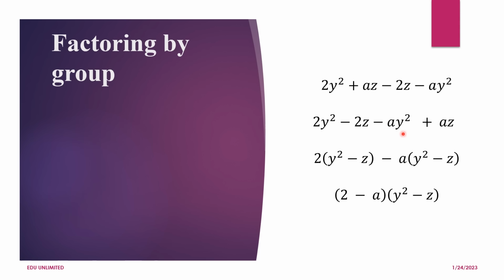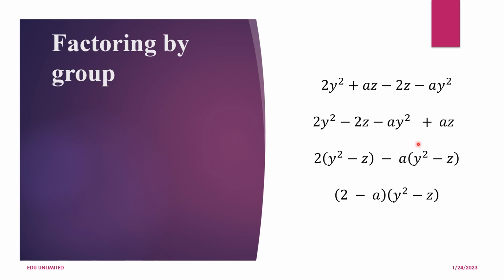Ay squared divided by minus a gives us y squared, and az divided by minus a gives us minus z, because if we test, negative a times y squared gives us negative ay squared, and negative a multiplied by negative z gives us a positive. A negative multiplied by a negative, or a negative divided by a negative, gives us a resulting positive.